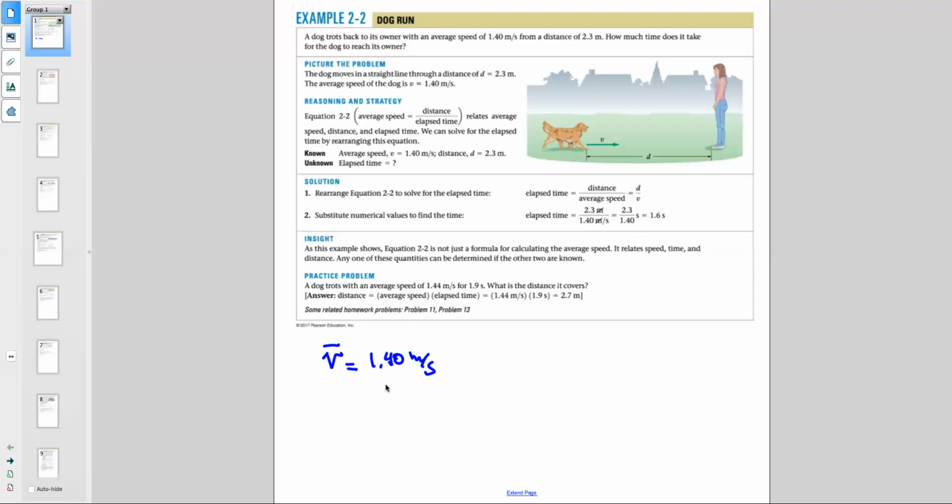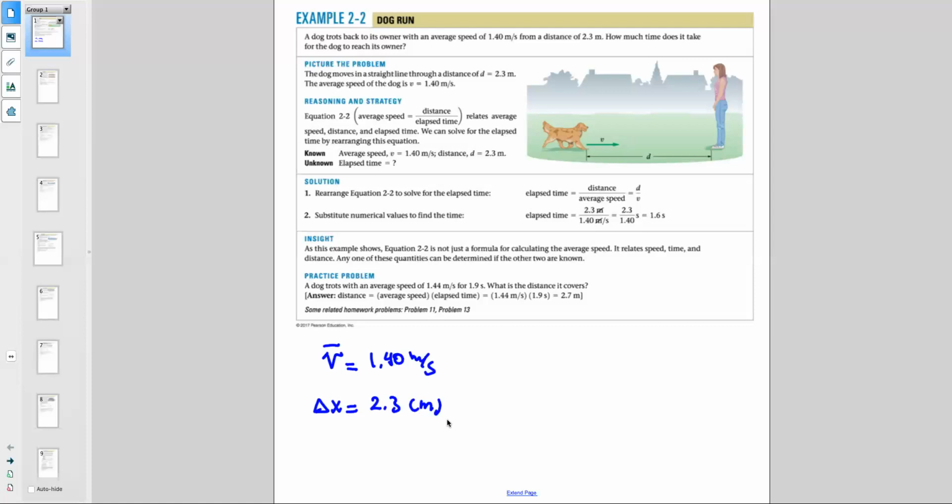So meaning that the dog displacement is 2.3 meters to get to the owner. So the distance, or delta x in our case, is 2.3 meters.